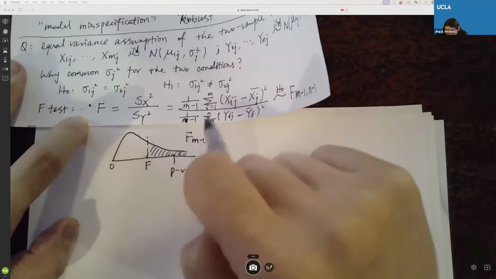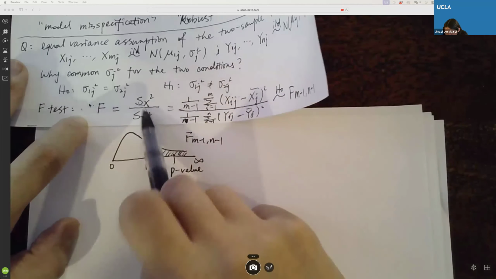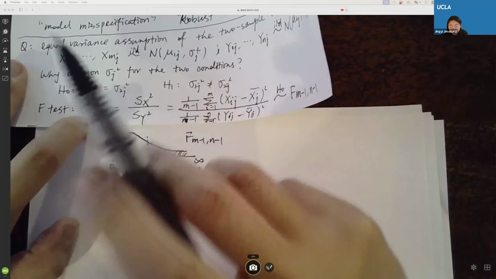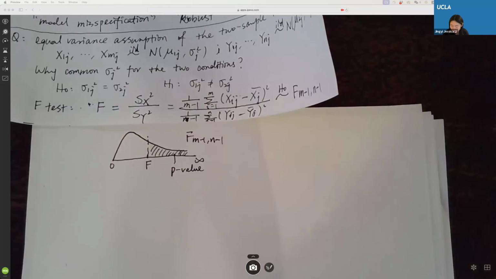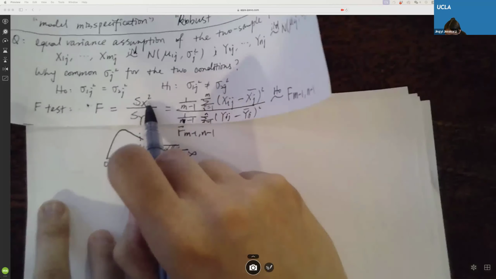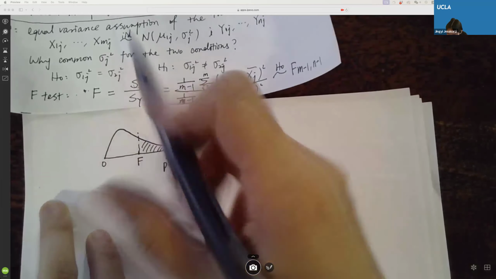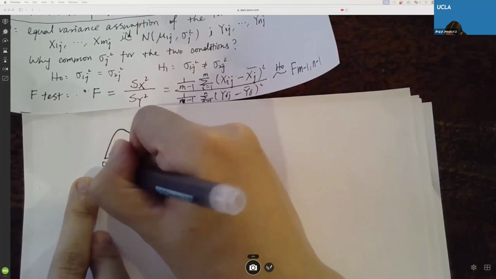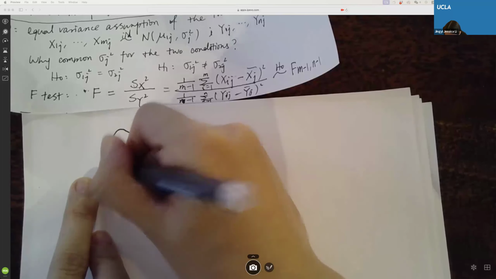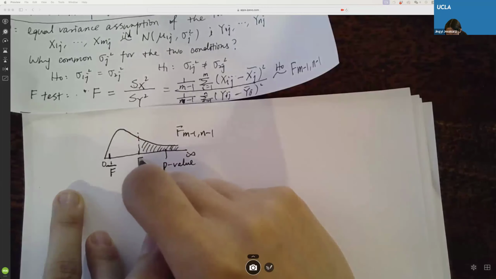But you see, the right tail may not be the only thing you want. Since the ratio, if it's too small, you may also have this question, right? Whether this is something too small, that's sy squared, much bigger than sx squared. So therefore, to have a two-sided test like this, then you also need to consider here, this is 1 over f, the inverse of that. So basically, if this ratio is very big, then this is larger than 1.